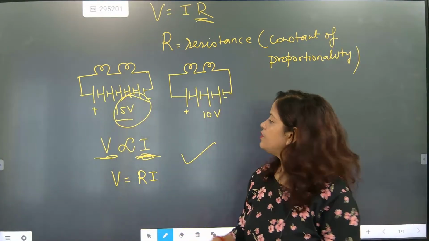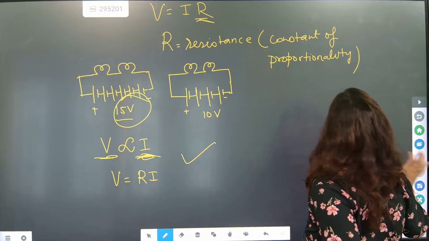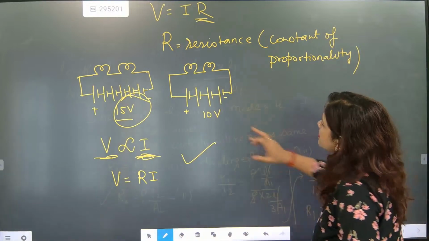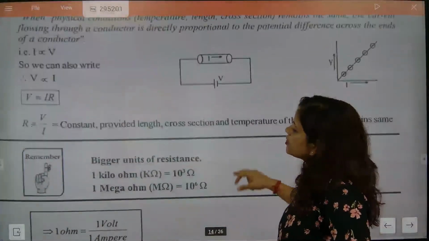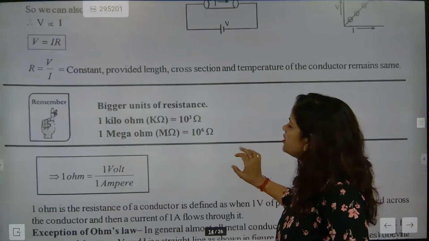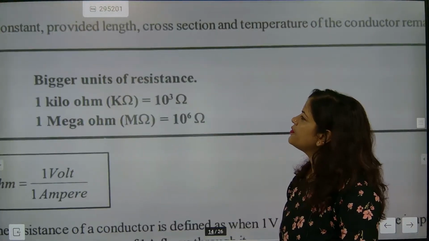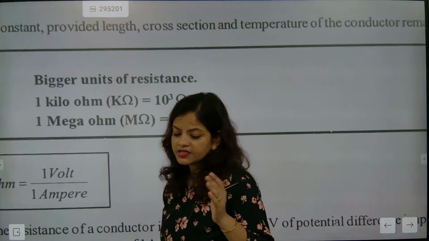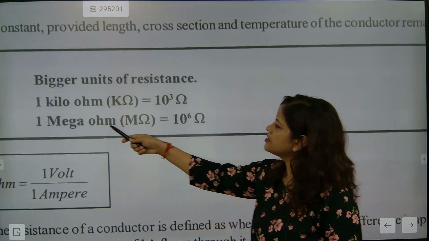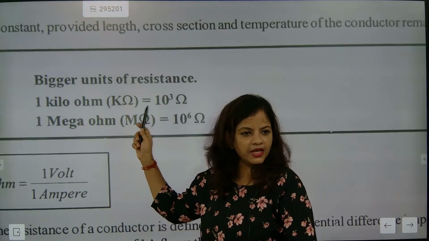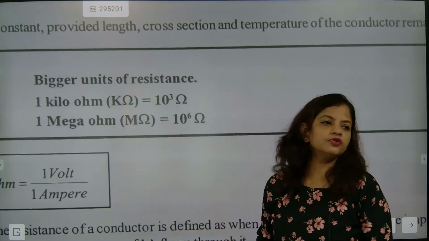Now we are going to write about the next section, which is about current. What is the bigger unit of resistance? Usually resistance we measure as 1 kilo ohm. 1 kilo ohm is equal to 10 to the power 3 ohm.